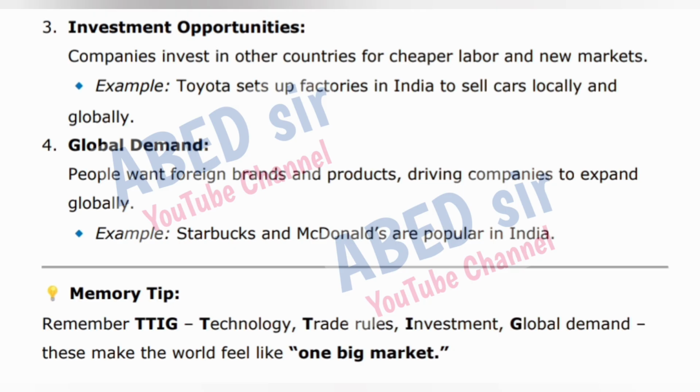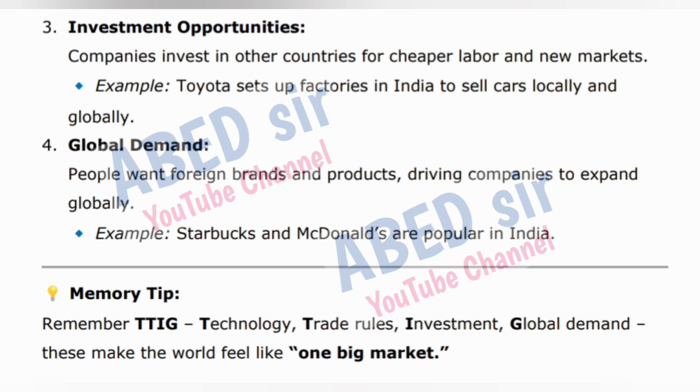Example: Toyota sets up factories in India to sell cars locally and globally. 4. Global demand. People want foreign brands and products, driving companies to expand globally. Example: Starbucks and McDonald's are popular in India.